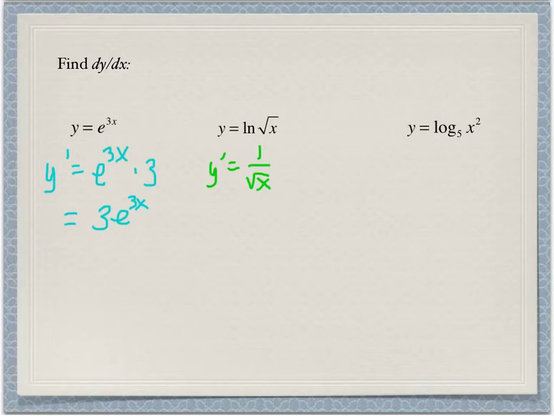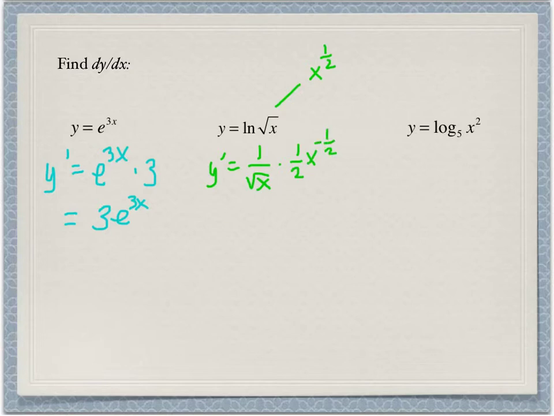We have to do that if it's not just a plain old x. Now, remember, we've seen this a few times, that you can write the square root of x as x to the 1/2 power. And so what is the derivative of x to the 1/2? Well, it is 1/2 times x to the negative 1/2 power.